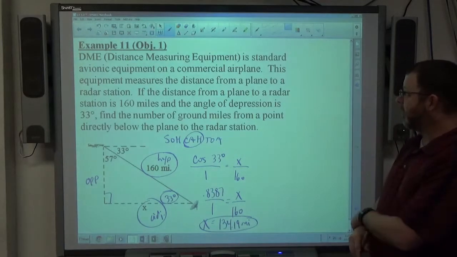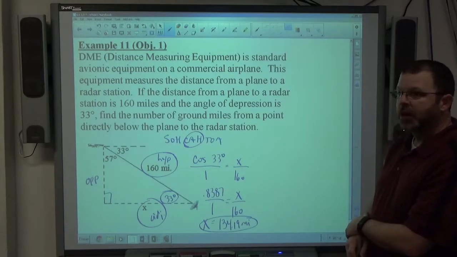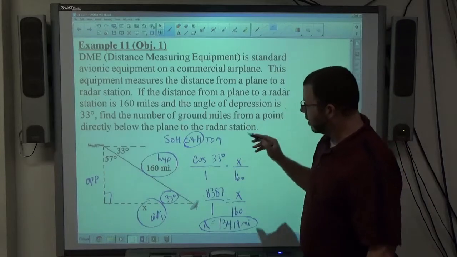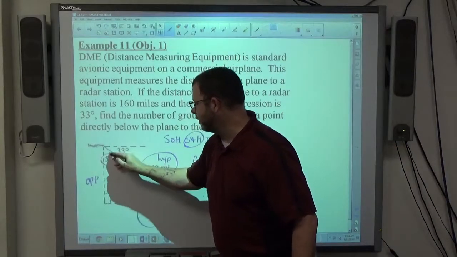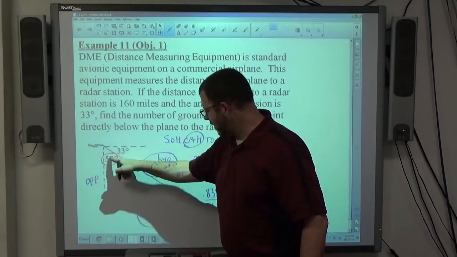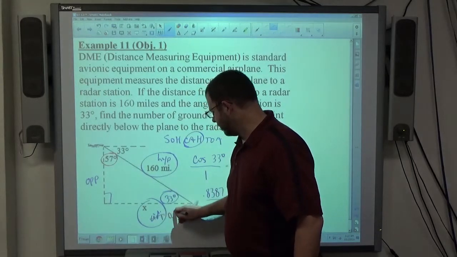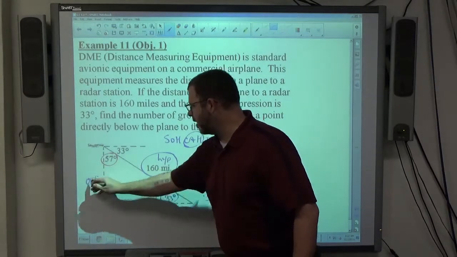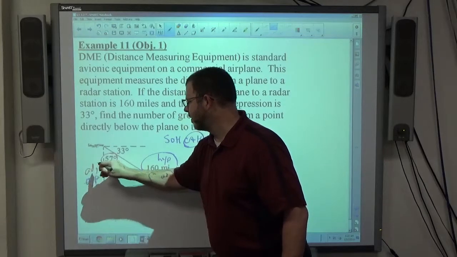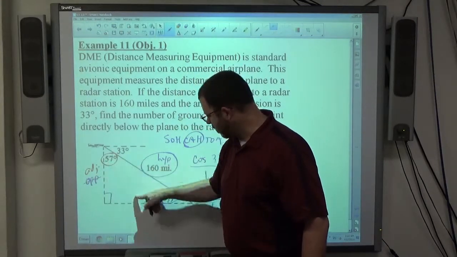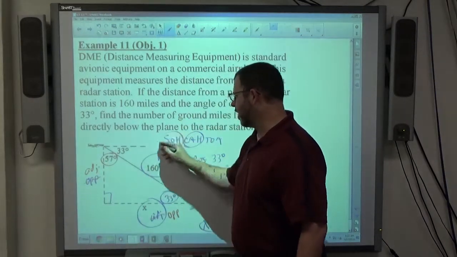And it doesn't specify there, so we'll go a couple decimal places. Now, just for the sake of looking at this, had I chosen the 57-degree angle, what that's going to change is now this is the opposite side. That's still the hypotenuse. That makes this the adjacent side. If I'm going to go at 57 degrees, opposite and hypotenuse tells me to use sine.